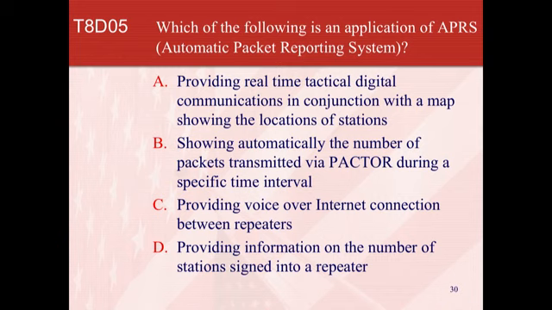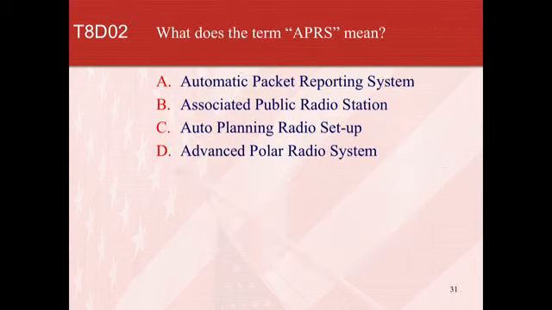Which of the following is an application of APRS, Automatic Packet Reporting System? A. That's one driving around, updates it every once in a while, tells everybody else using the APRS system where you were when you checked in.